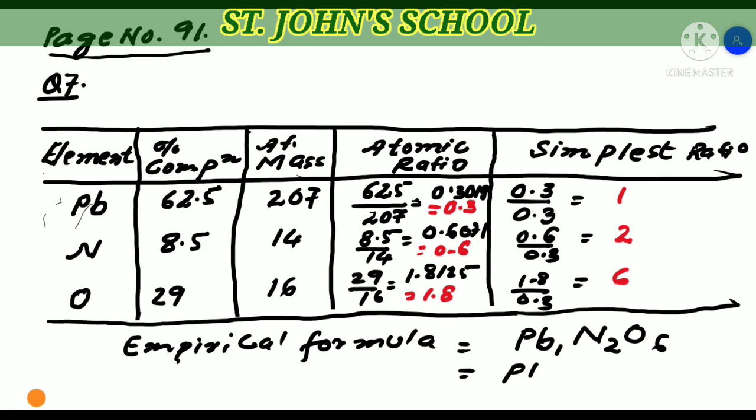I can write the same like this also: Pb N2 O6. Now in N and O, 2 is common, so I can take 2 common and write NO3 within bracket. So lead nitrate. We are getting the empirical formula Pb(NO3)2. In the next video we'll do the next question.